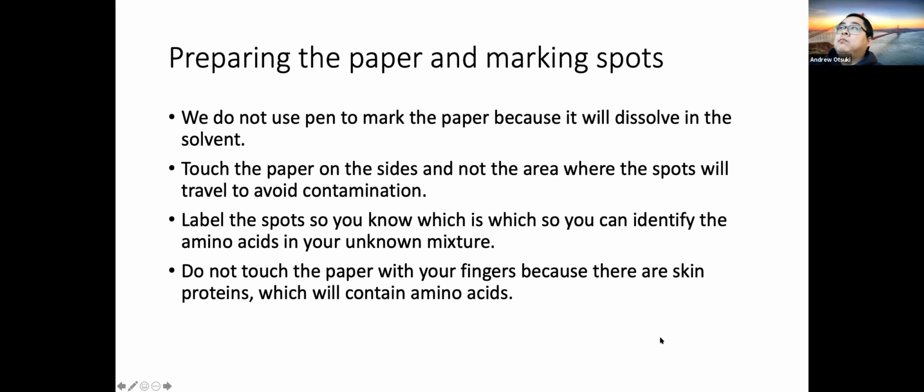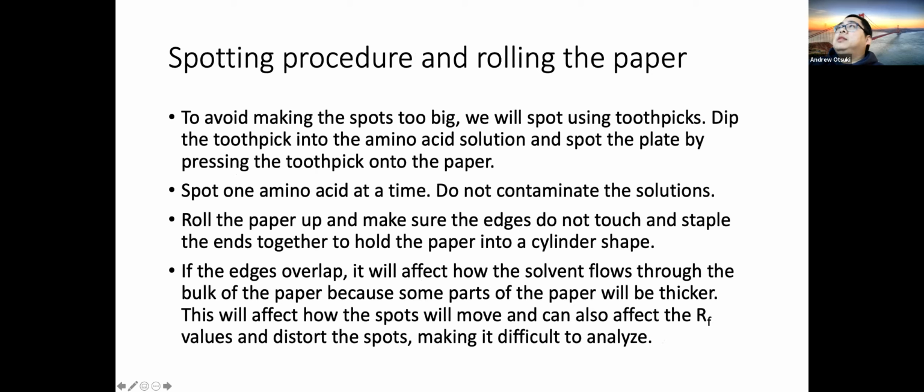Okay, so next we're going to do the spotting procedure. To avoid making the spots too big, we're going to use toothpicks to transfer the solution, the amino acid, to the paper. The reason is that if the spot is too big, it can overlap into another lane where another amino acid should be appearing, so it could complicate your results by making them difficult to interpret.